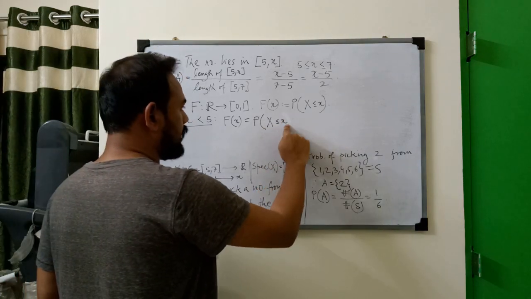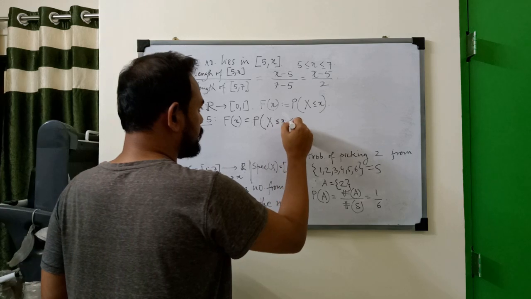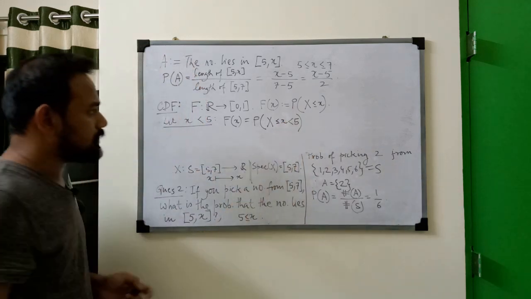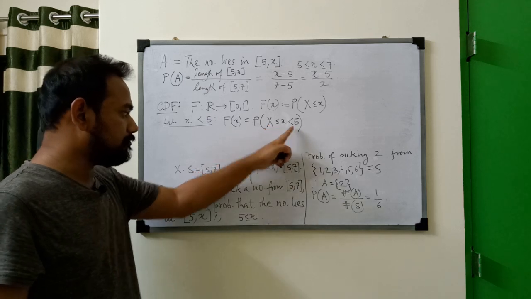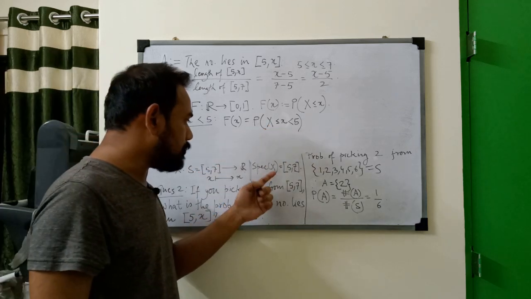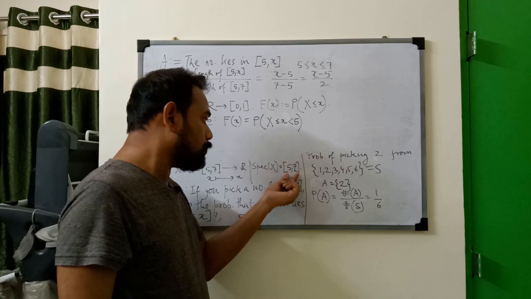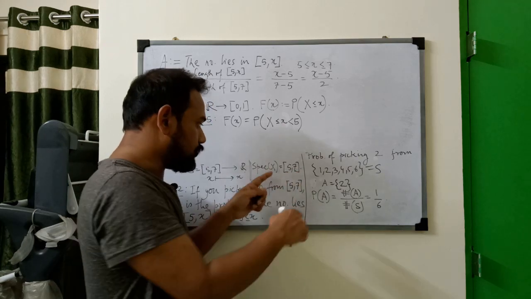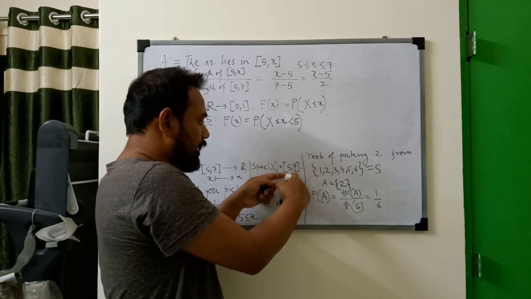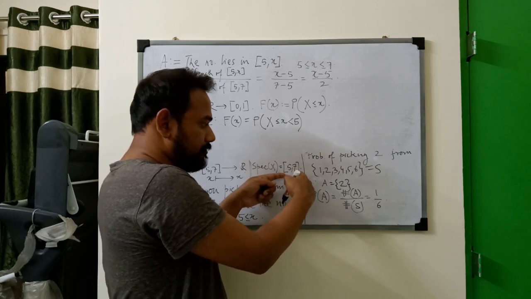But small x is now less than 5. The question is, can I have a value of capital X which is less than 5? No, the spectrum of X is 5 to 7. So all values of X, the image of X, are in this interval 5 to 7.